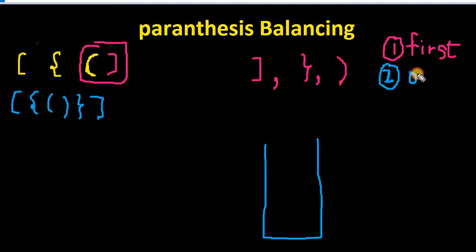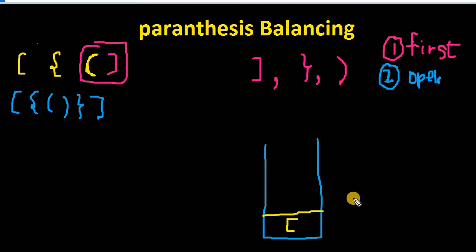So for opening brackets, we will simply add them into our stack. We will not do any other operation on the stack if it is an opening bracket. So let's go ahead and do that. For the first one, we encounter an opening bracket, so we simply go and store this in the stack. The stack can be made of an array, you can use a vector or char array, and that can be treated as a stack.